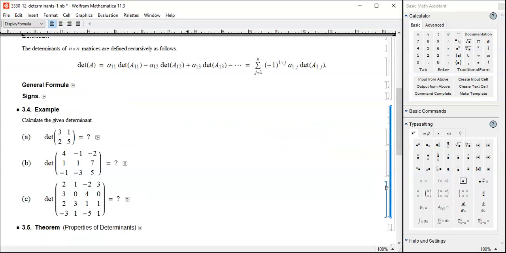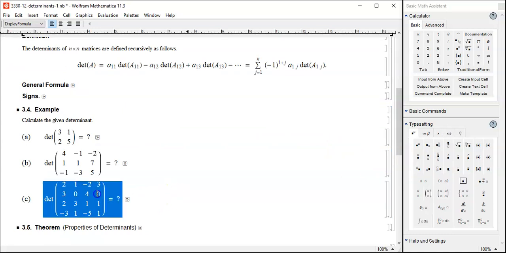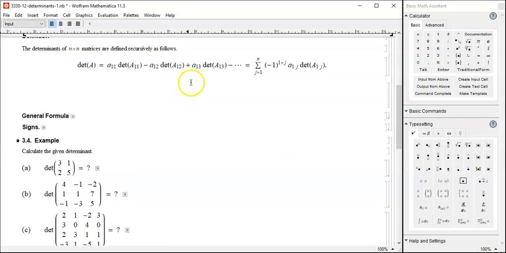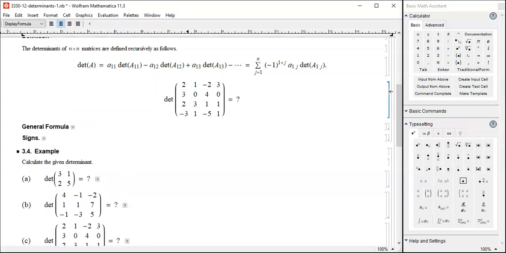Let's study it using an example here. Let's focus upon the first row here, 2, 1, -2, 3.